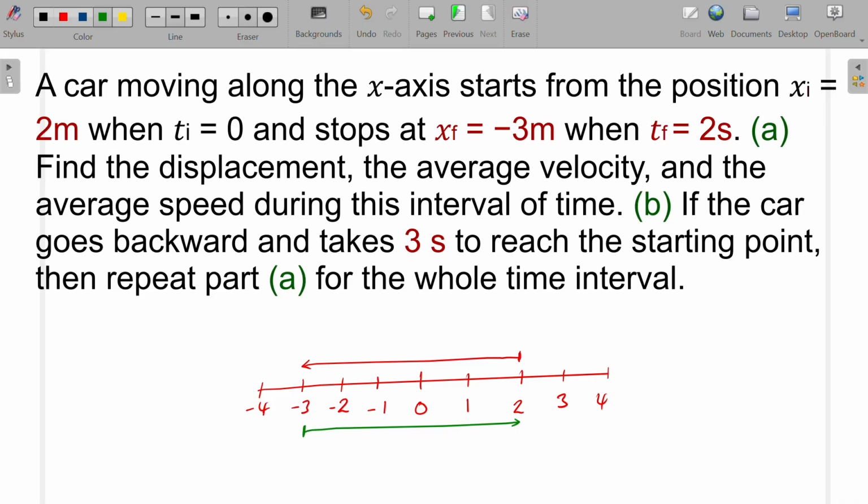We find the displacement. What will be the displacement? Now, from the definition, displacement is change in position. If we are moving from point A to point B and then back to point A, it implies we haven't changed any position.